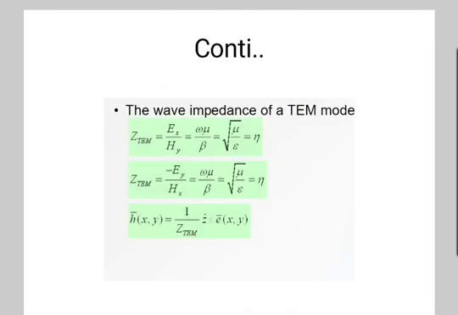Now the wave impedance of the TEM mode. Equations for the wave impedance of the TEM mode are also given here: Z = E_x/H_y and −E_y/H_x. So these are the equations for the wave impedance of the TEM mode.